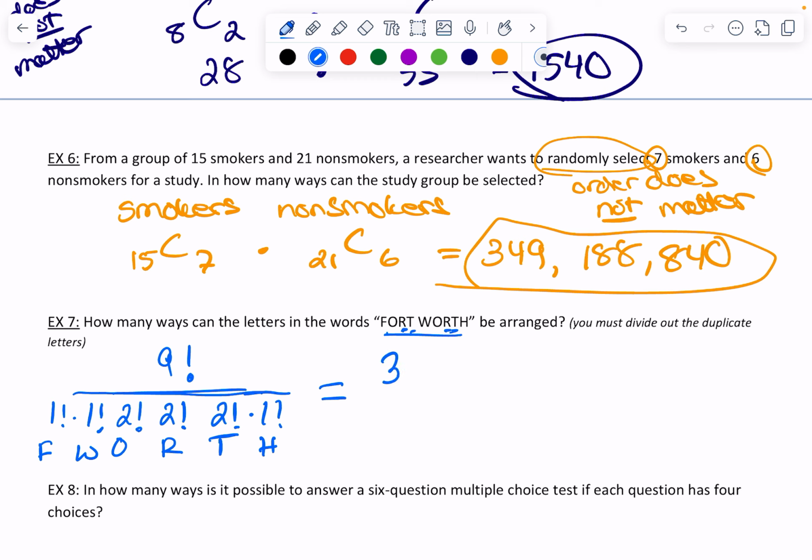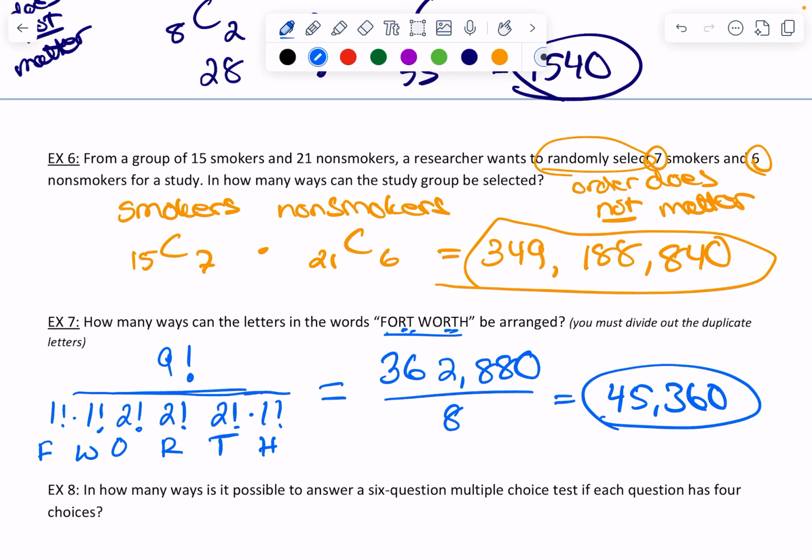So 9 factorial is 362,880, and we divide that by 8, and we get 45,360. Now, if you plug this whole thing in the calculator at once, make sure that you put this inside parentheses so that the calculator knows that it's dividing by all those numbers.